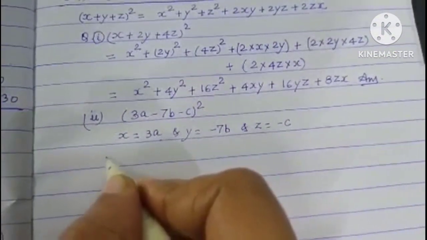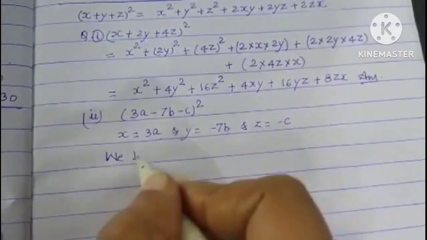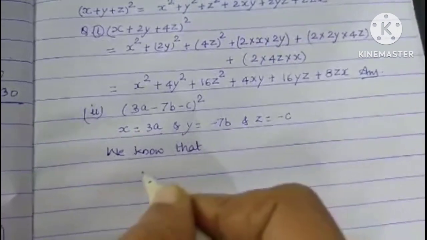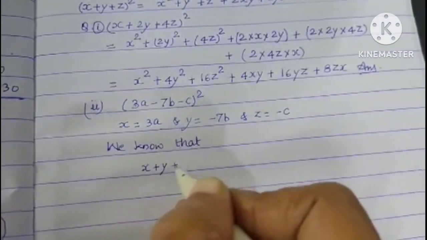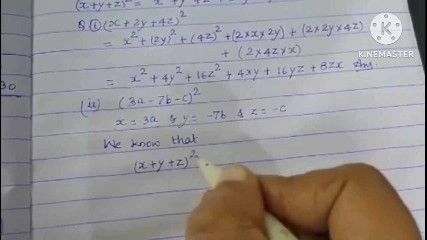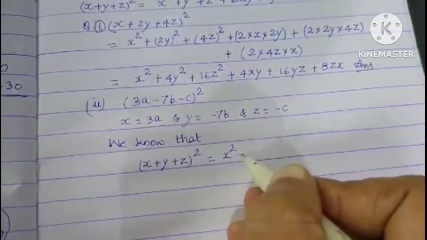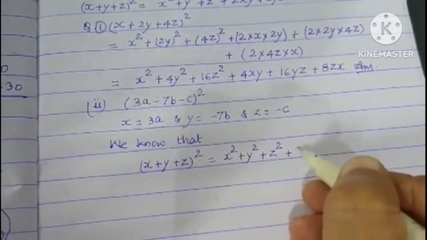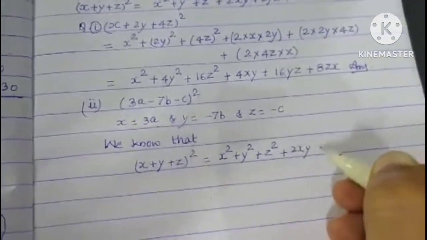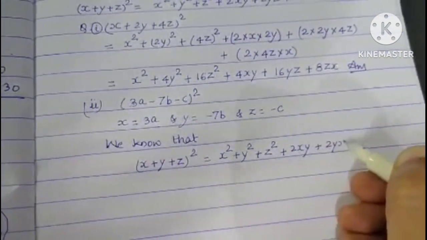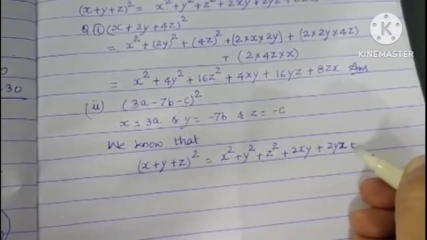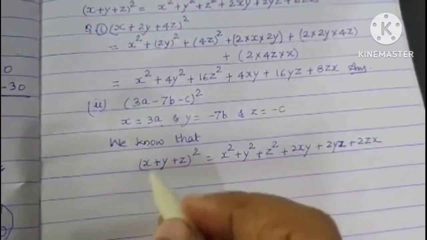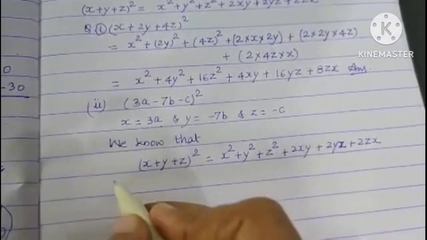Now we know that (x + y + z) whole square is equal to x square plus y square plus z square plus 2xy plus 2yz plus 2zx. So we will simply put these things in the formula.